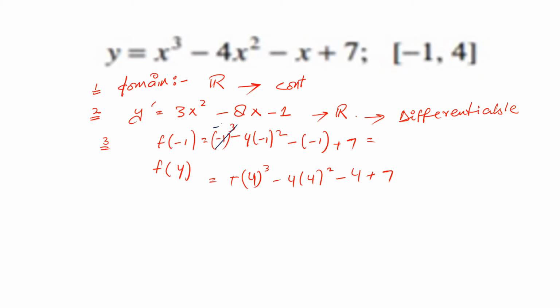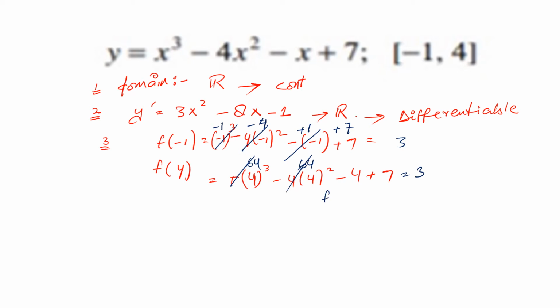So you have -1, here -4, here +1, and here +7. 7 plus 1 is 8, 8 minus 4 is 4, 4 minus 1, the answer is 3. And 4 to the power 3 means 4 times 4 is 16, 16 times 4 is 64. Then here 4 times 4 is 16, and 16 times 4 is also 64. So they cancel each other, and -4 plus 7 gives you 3.